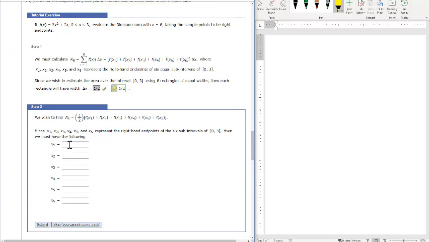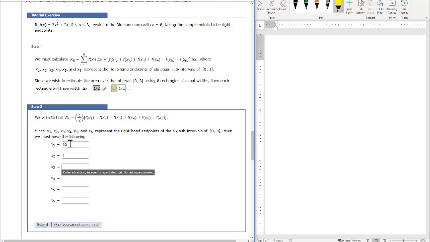Next, we need to figure out what each of these x sub 1, x sub 2, and so on are. So 0 is x sub 0, which isn't included here. X sub 1 is going to be 1/2. And then x sub 2, if we go 1/2 and take another step of 1/2, we get 1.